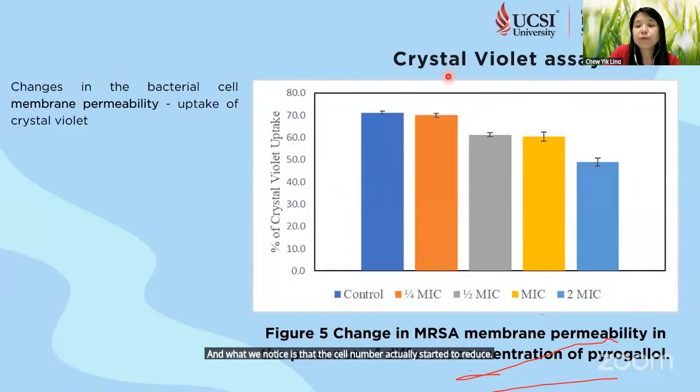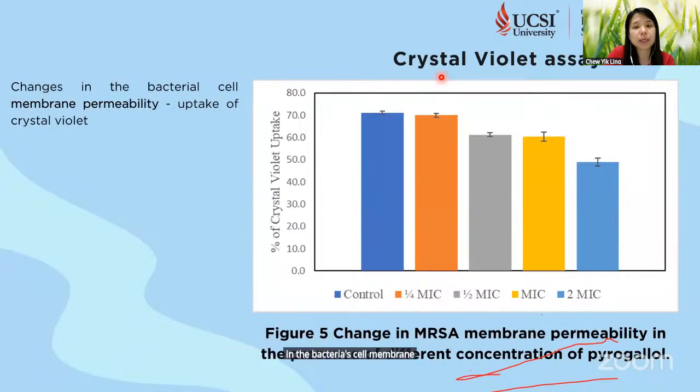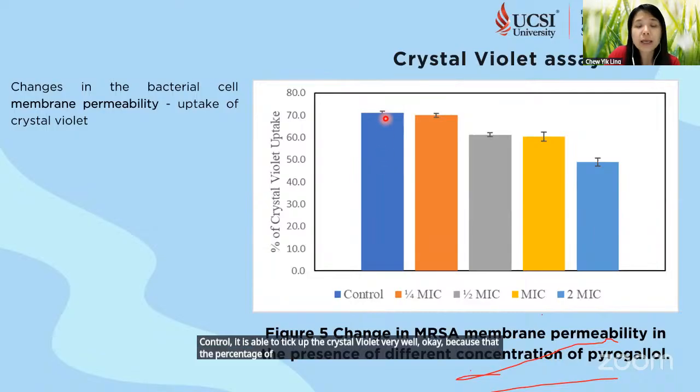And when we look further at the changes of the MRSA membrane when we treat with pyrogallol, we also notice that there is a change in the bacterial cell membrane permeability. So first, let's look at the control. The control is able to take up the crystal violet very well, because the percentage of crystal violet uptake is up to 70%.